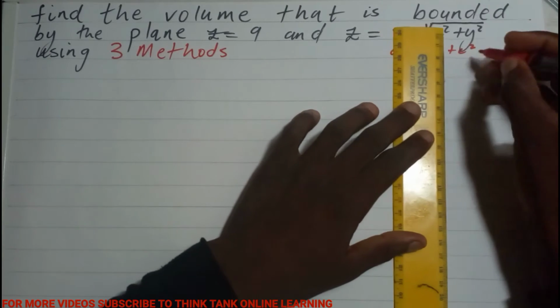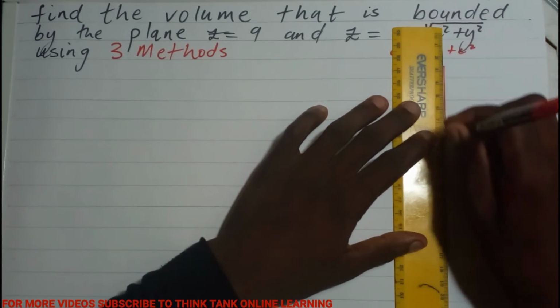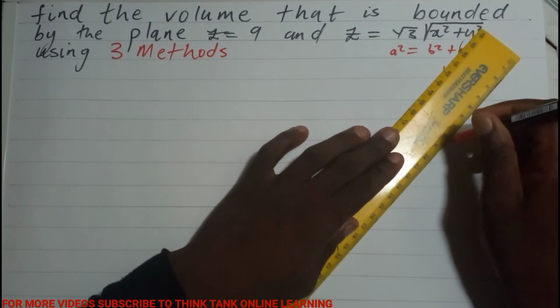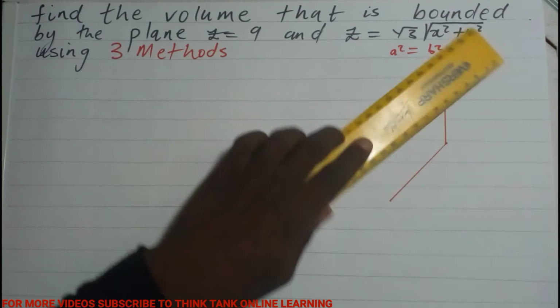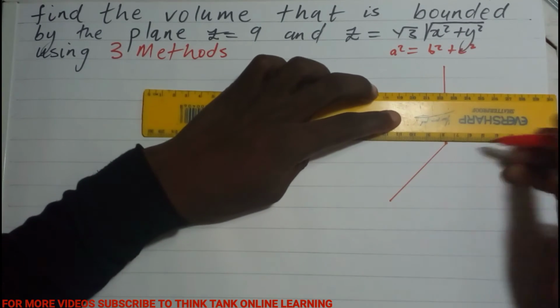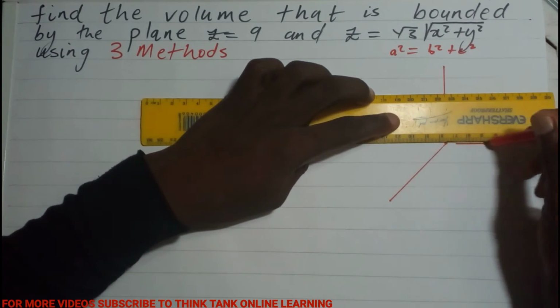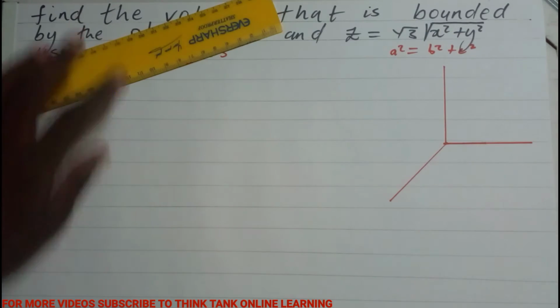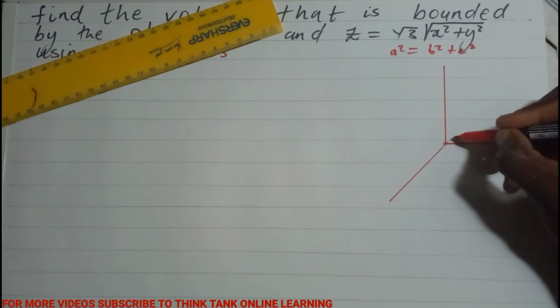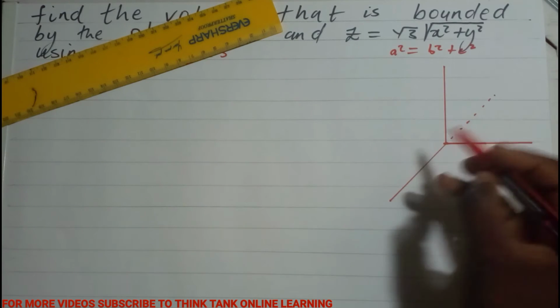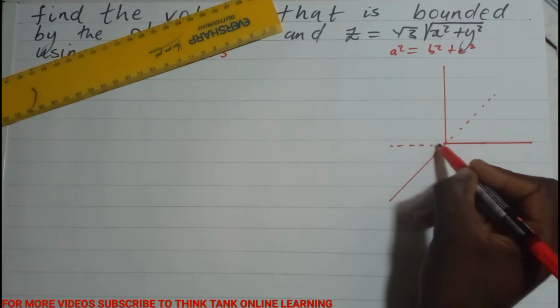So I'm going to visualize it. This is the straight line for the z-axis, this one is the x-axis, and this one is the y-axis.